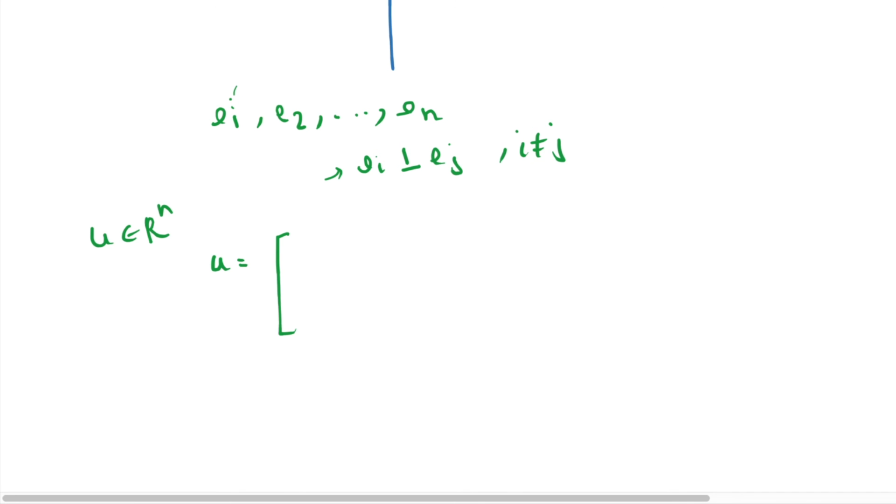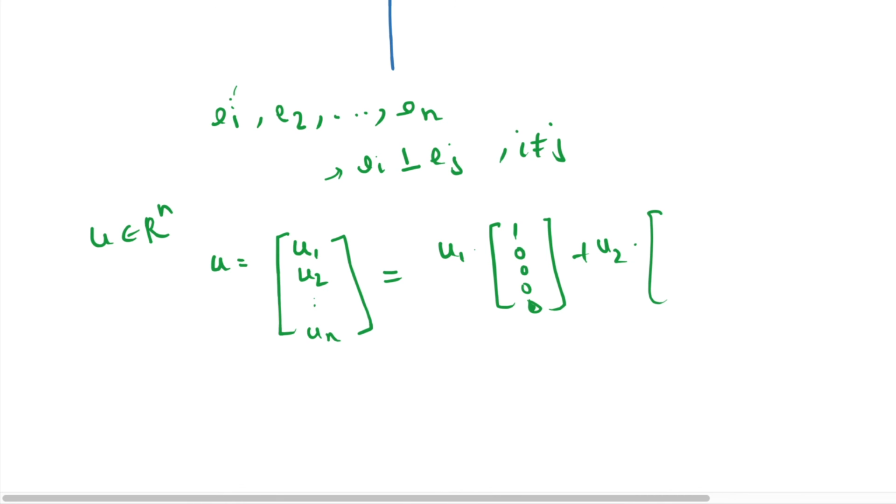So let's say there is a vector u in Rn, and you can of course express this as u1 times (1, 0, 0, 0), so we'll have n minus 1 zeros, plus u2 times (0, 1) followed by zeros, plus un times (0, 0, 0) and there's 1 in the end.